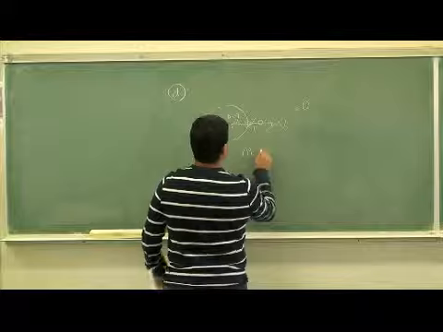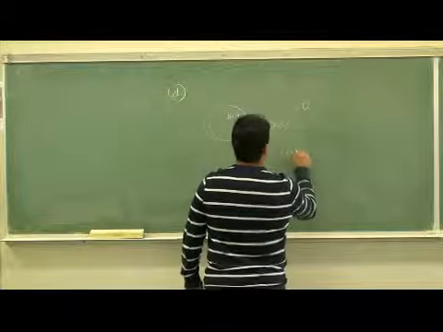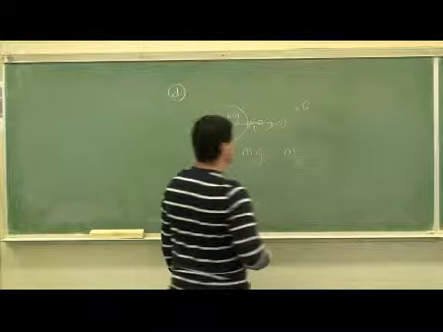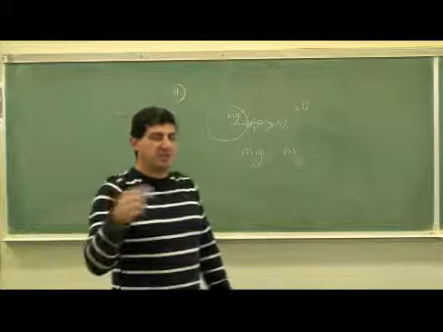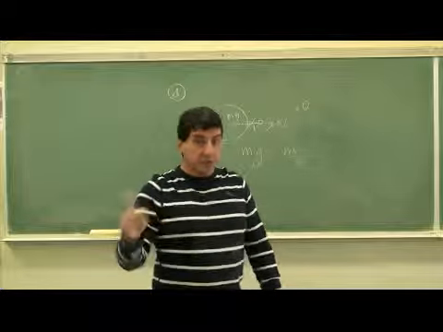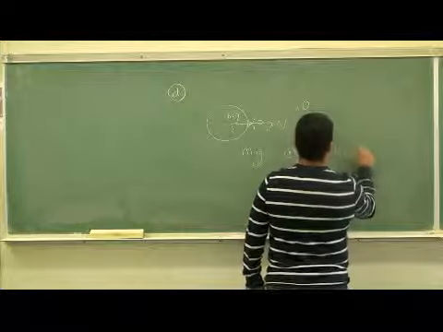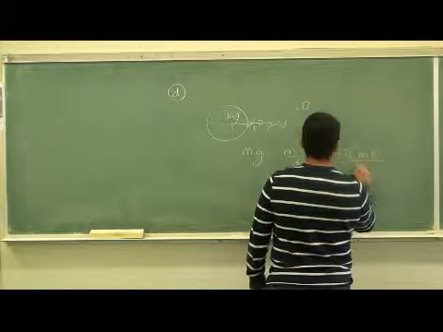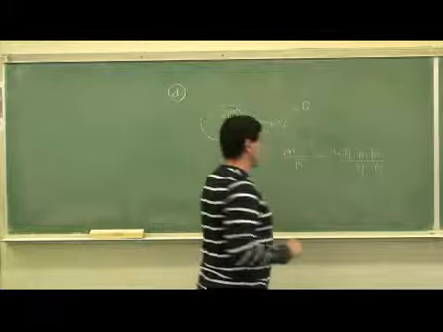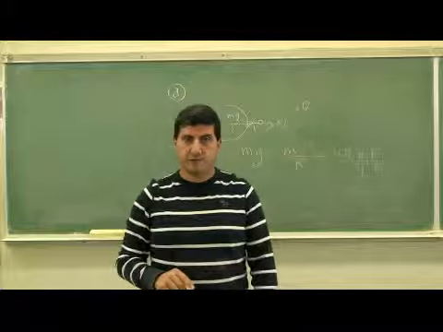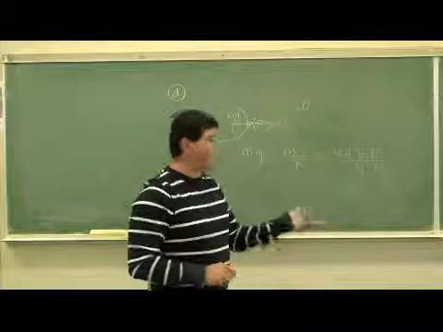So mg would have to equal mv squared over r. And if I want to calculate this in terms of period instead, I could use the other form, 4 pi squared mr over T squared. This is the other form of the centripetal force equation, expressed in terms of period.